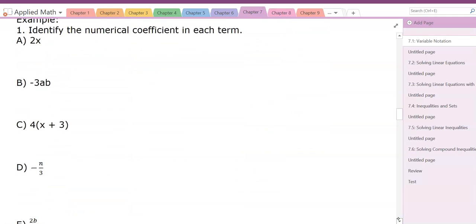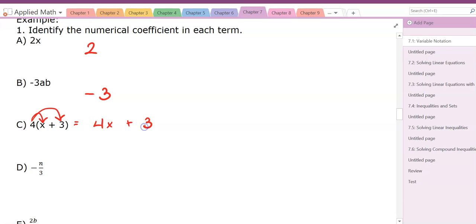For example, here on this first one, they just want us to identify the numerical coefficient. This first one says 2x, so 2. B would be just the negative 3. For this one, if I were to distribute, it would say 4x plus 3.